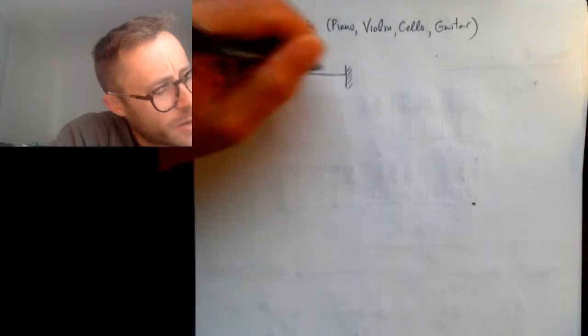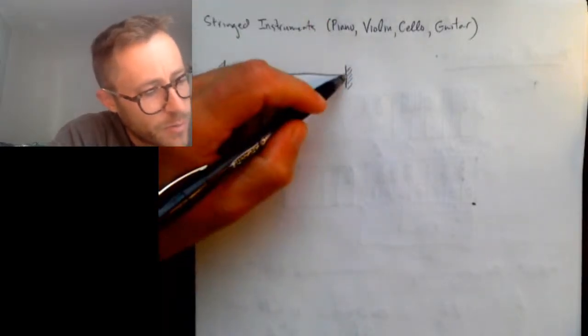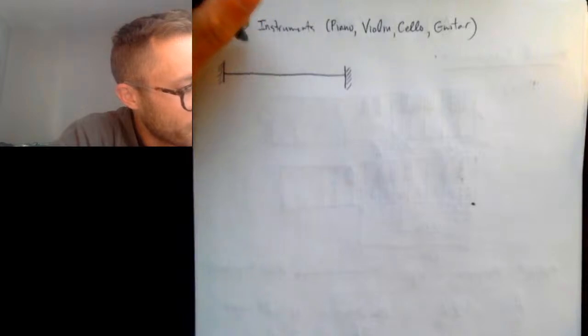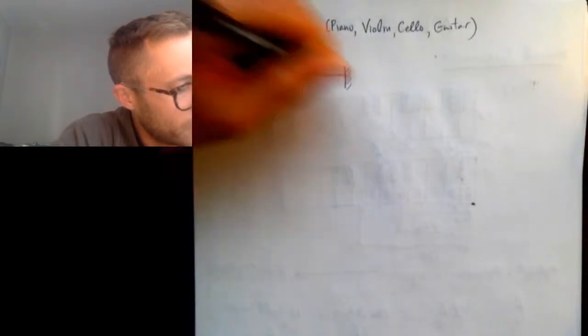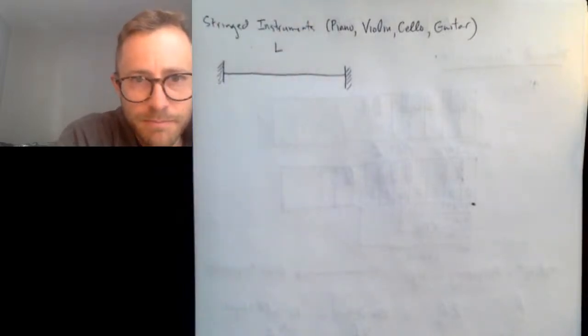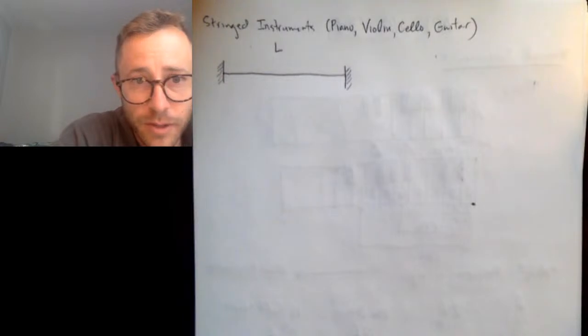Typically that string is a certain length, from where the string starts to where the string is fixed again. We will call that length L. So L is the length of the string.